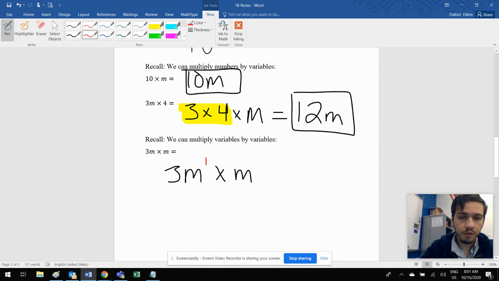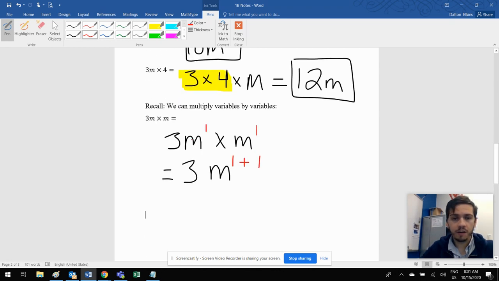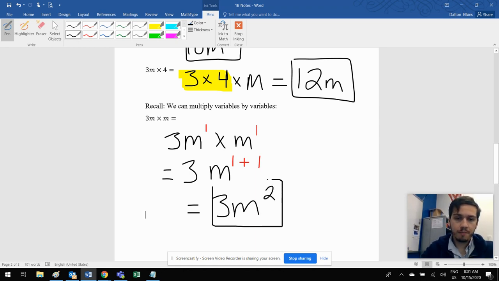What I'm actually going to do is take their exponents, which here is 1, and I'm going to take those and add them together under one base. So I'm going to combine those bases. The base here is just m because it's the same base. Now I'm going to raise it to the power 1 plus 1, which is 2. So 3m times m is 3m to the power 2.